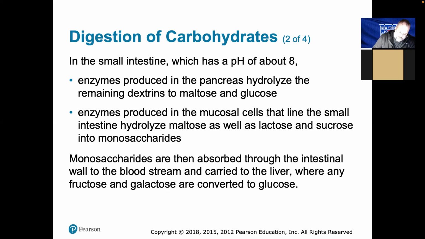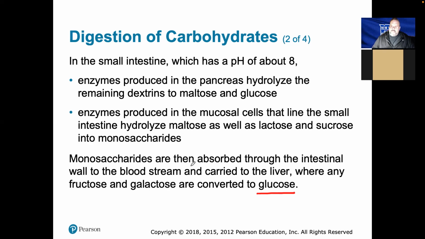So one of the things to think about is that by the time your carbohydrates have been digested, in terms of stage 1, they're all going to be converted to glucose. Then there are different carbohydrates that form along the way: maltose, dextrins, lactose, sucrose, even fructose, galactose.